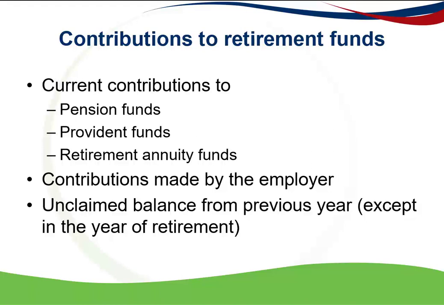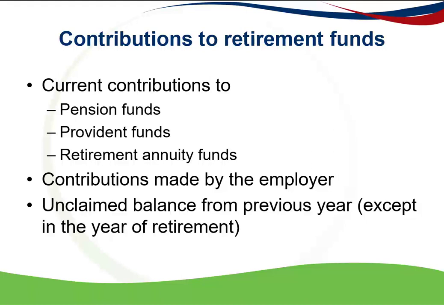And then also you can add any unclaimed balance that was available, not deducted in the previous year of assessment. This changes in the year of retirement, and we'll look at that when we do lump sums. But for now, any unclaimed balance at the end of the last tax year will also be added to the current contributions.